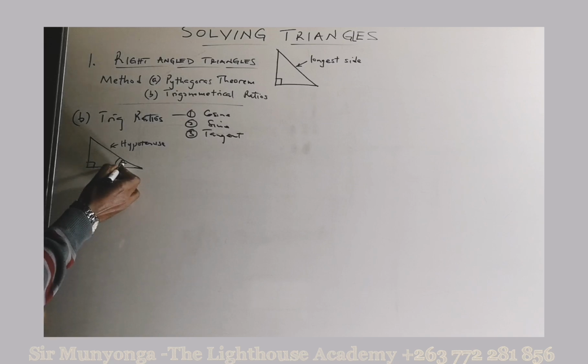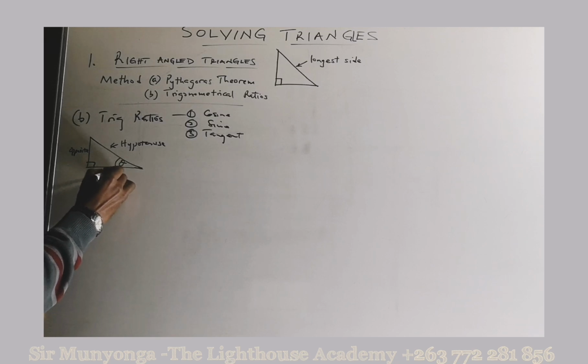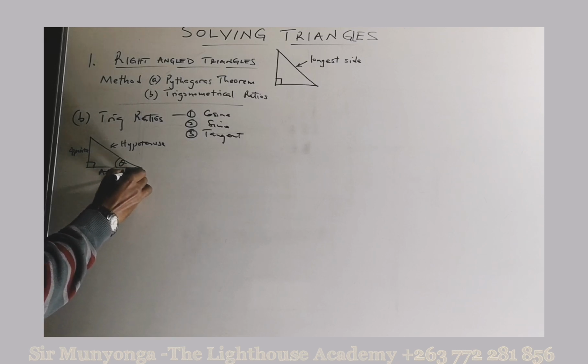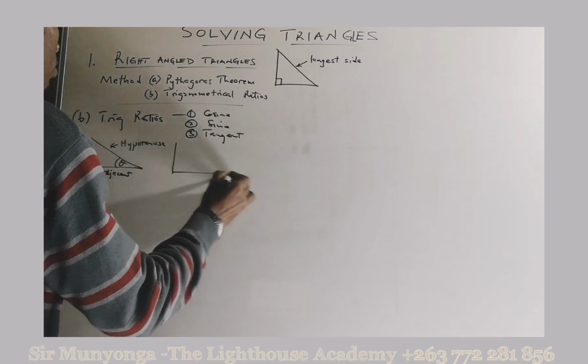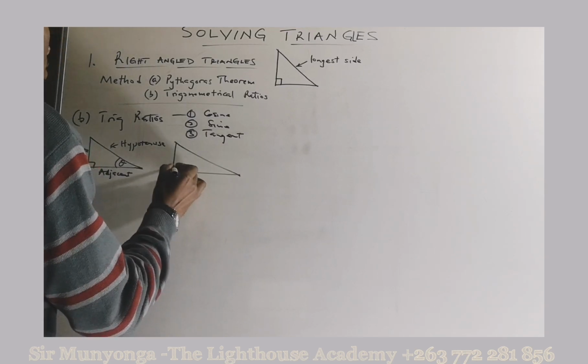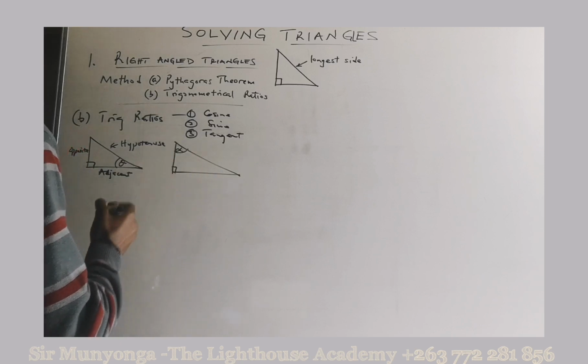The opposite side to the angle in question is the opposite side, and then the side which is adjacent to that angle is the adjacent. Let me redraw the right angle triangle and change the angle.